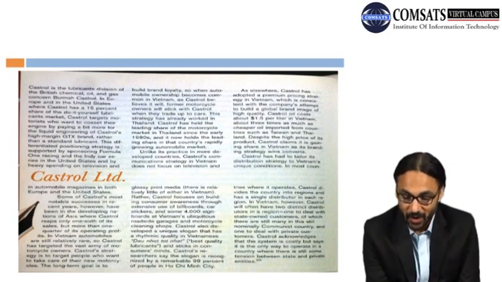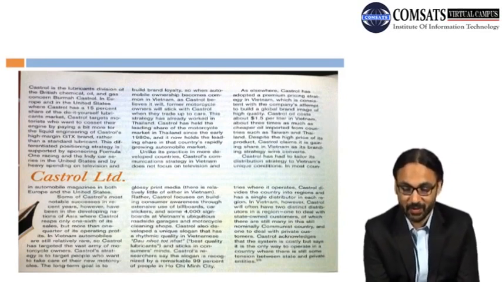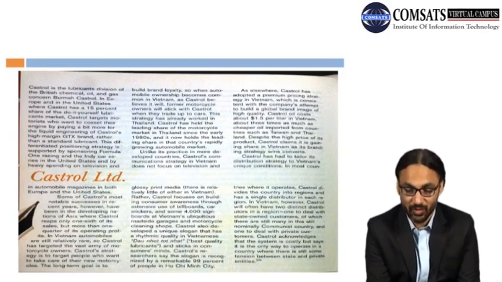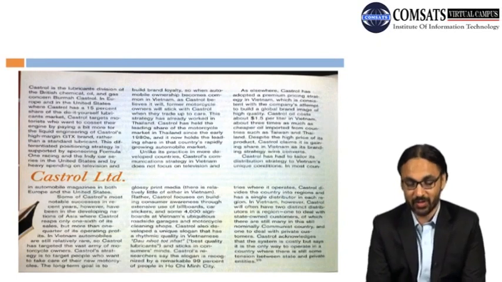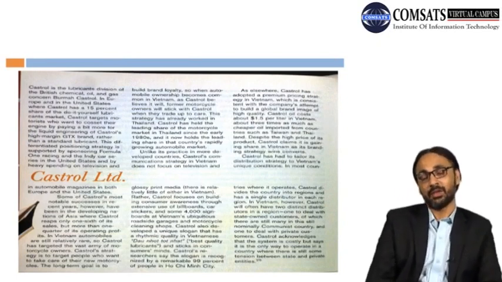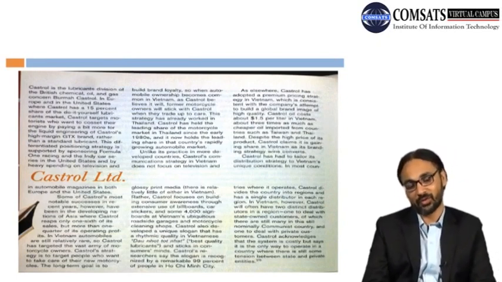Castrol acknowledges that having 2 different distributors is costly, but says it is the only way to operate in a country where there is still some tension between the state and private entities. This is how Castrol is operating.